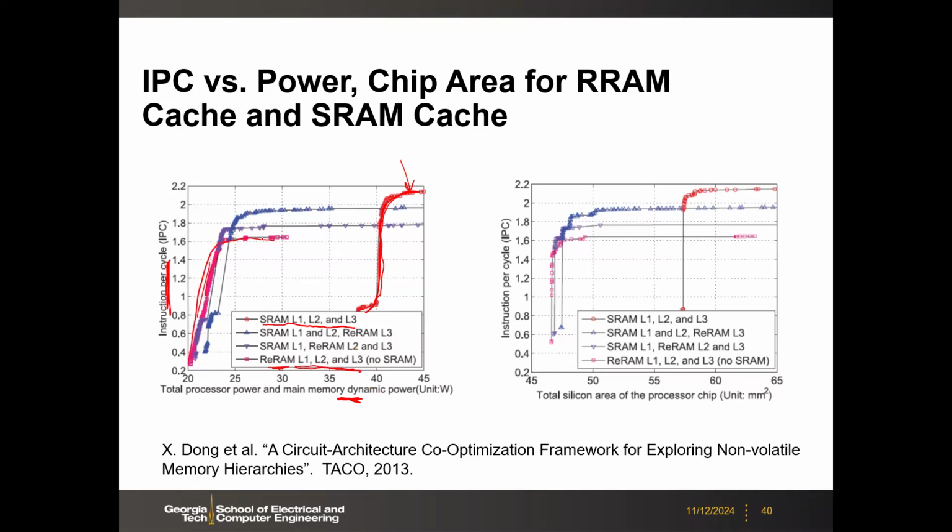The performance is worst, and the power could be minimized, but the performance is too bad in this case. So some combination in between, right? Let's say SRAM for L1, L2, and RRAM for L3. Then this one could be a better trade-off, right? Of course, here you have different configurations there.